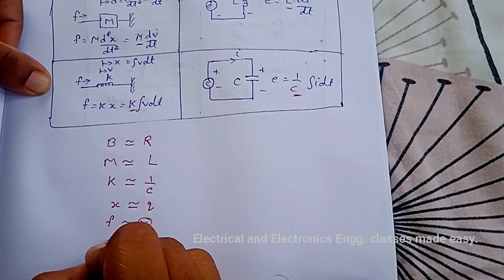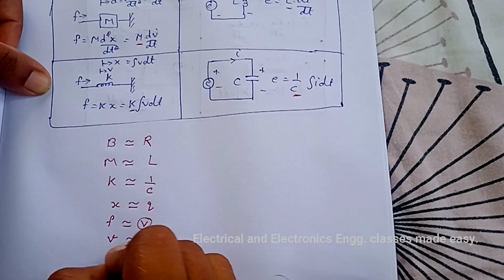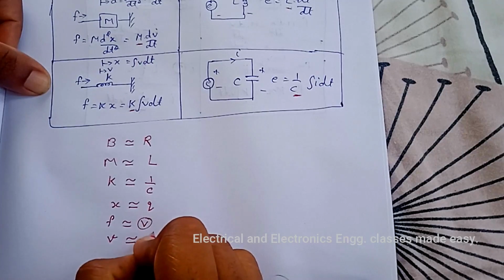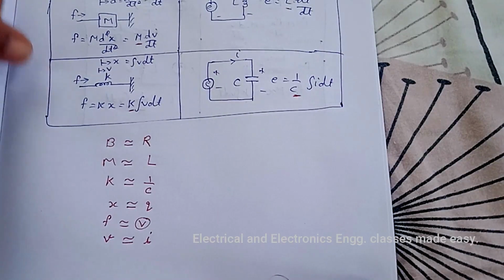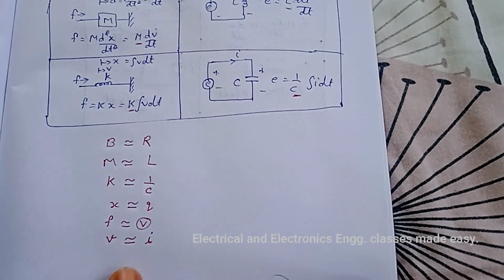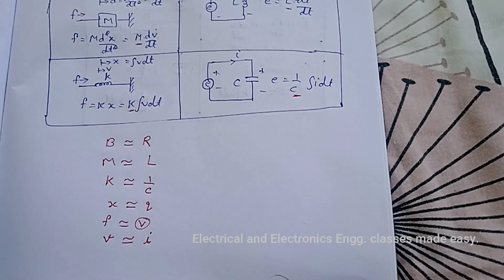Then velocity V is analogous to current through the element. So this is the case of force voltage analogy.